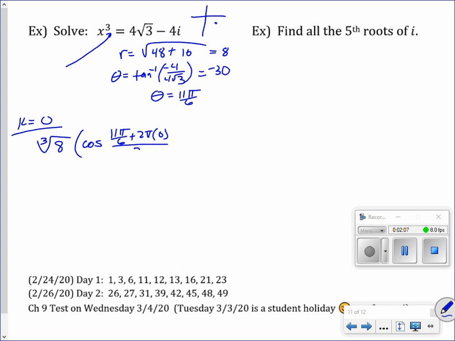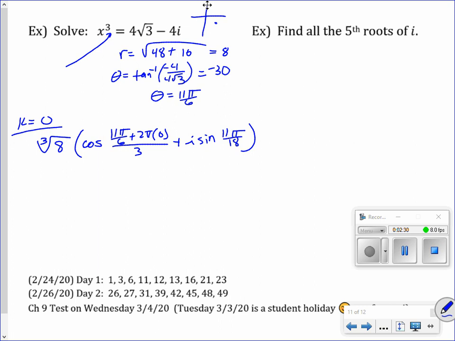Well, n is 3. Plus i sine of all of this. So 11 pi over 6 plus 2 pi times 0 is just 11 pi over 6, and divided by 3 means the 6 and the 3 multiply to 18. So I get 11 pi over 18. Or you can put those things in your calculator: 11 pi over 6 divided by 3 gives 11 pi over 18.